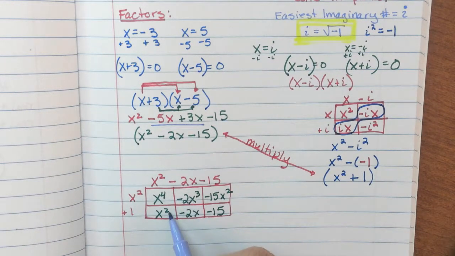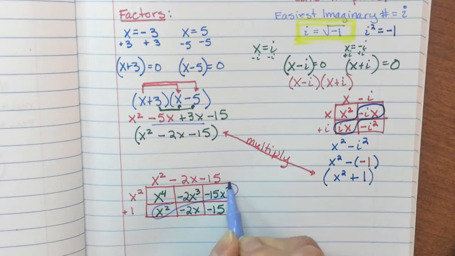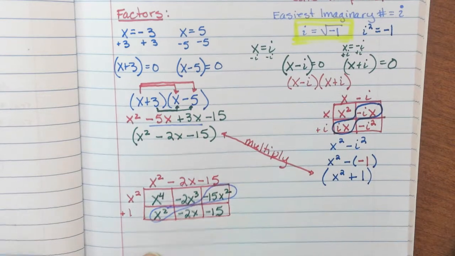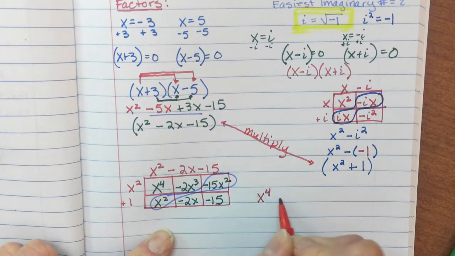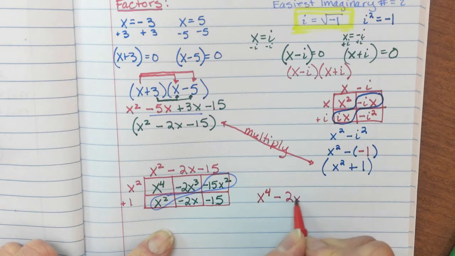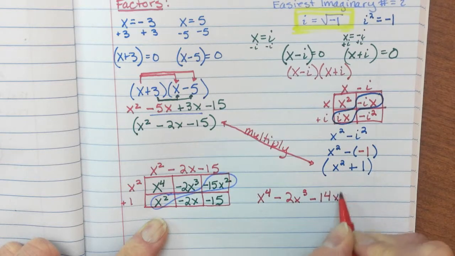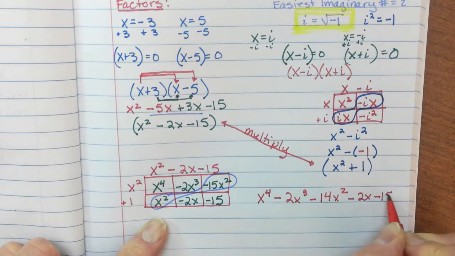Be careful, our like terms are stretched out right here. So our final answer would be x to the fourth minus 2x cubed minus 14x squared minus 2x minus 15.